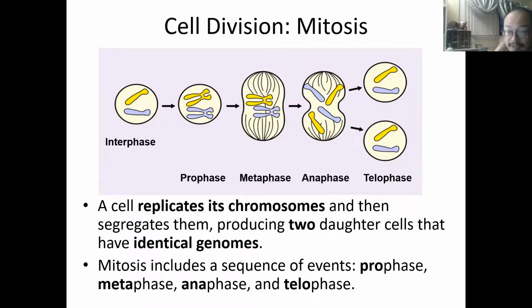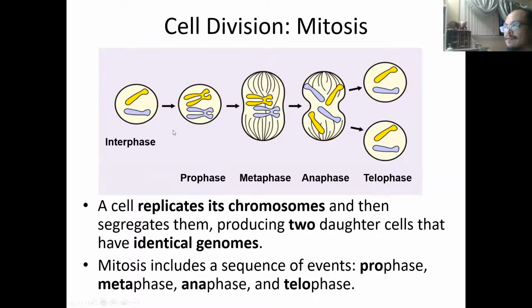The body stem cells will produce exactly the same body stem cell. A stem cell in the bone marrow will produce another stem cell in the bone marrow. One cell will become two, two will become four. That division, we call it mitosis.